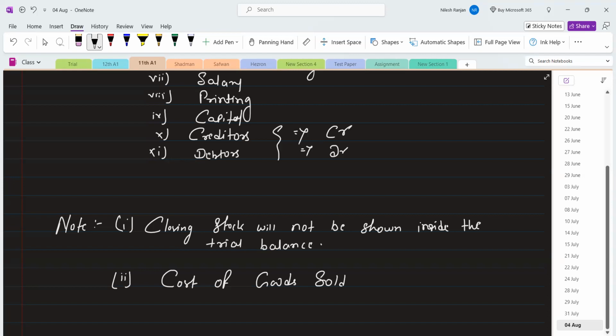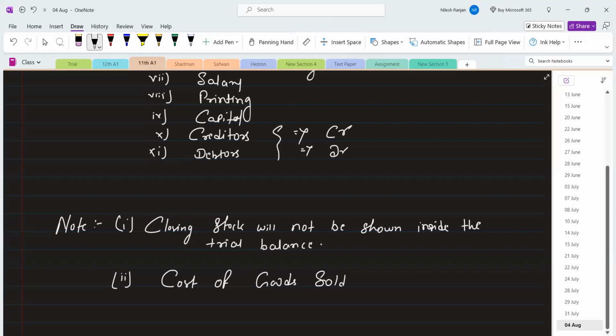Can you repeat? So you said that if in a question cost of goods sold and adjusted purchase are given, then we don't need to write opening stock and purchase on the debit side.